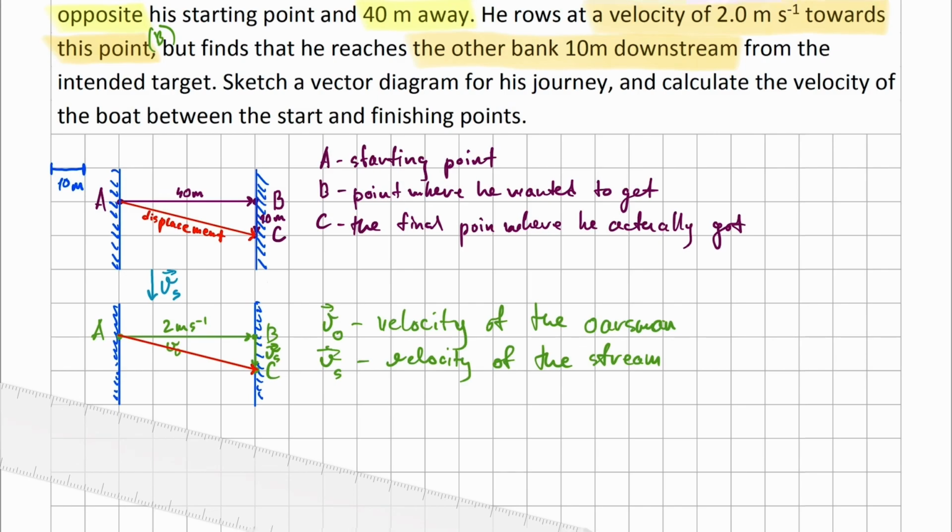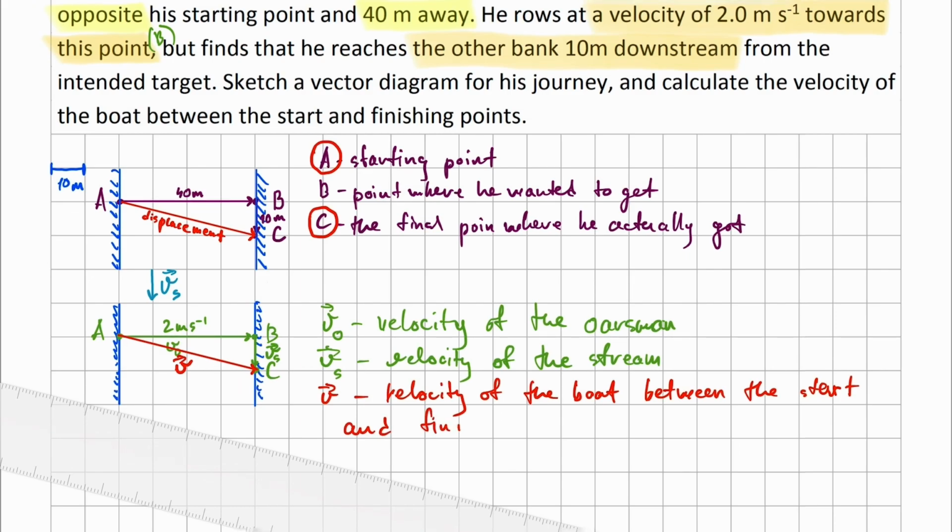So since the starting point is A, the finishing point is C, we need to find the resultant velocity, which is, let it be just V, okay? Just V. V will be the velocity of the boat between the start and finishing points.